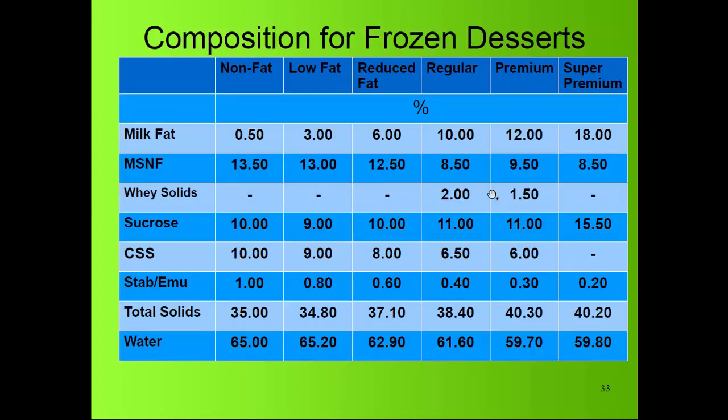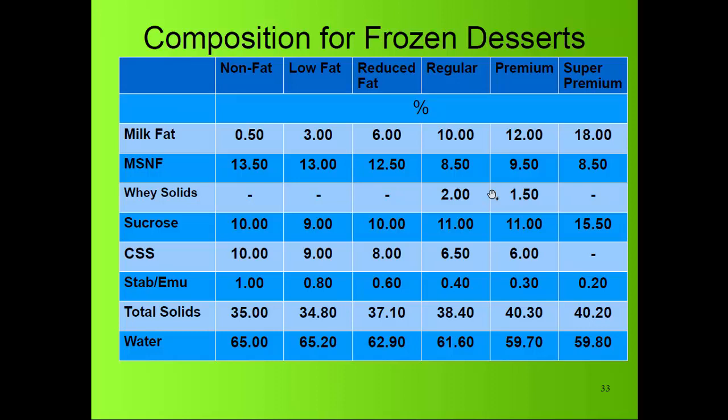All right, so if we look at the composition of ice cream and desserts, we have things like non fat, low fat, reduced fat, regular ice cream, premium ice cream, and super premium ice cream. You notice for non fat, less than 0.5% of the ice cream should be fat. For low fat, you have 3%.